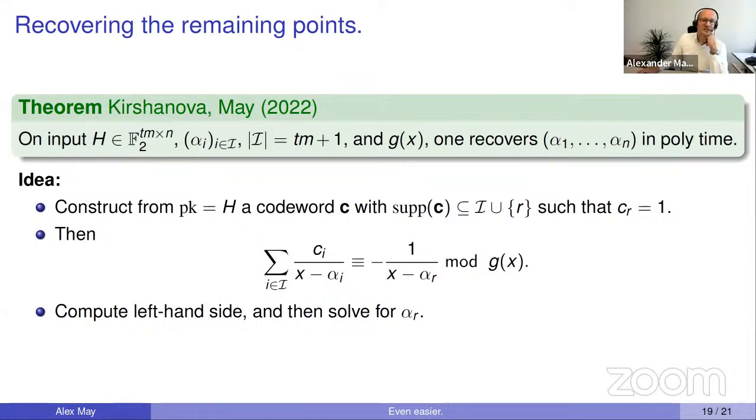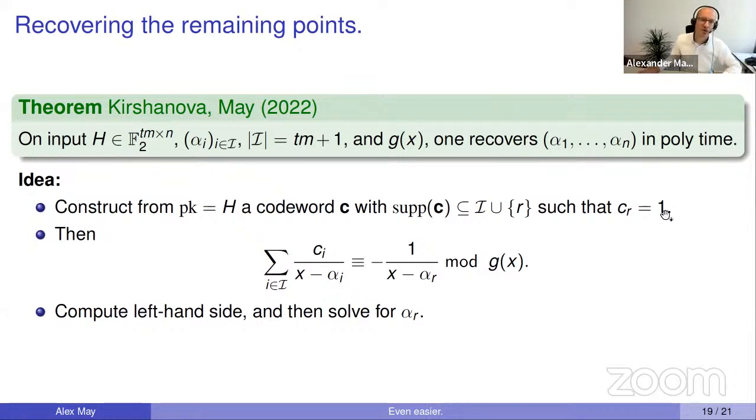So what's the idea of that? Again, we construct a code word given the public key, and the code word now has ones in positions in our index set I that we know, plus one position outside of this index set, and let's call this position r. We construct the code word such that the r-th component of this code word really has a 1 there.